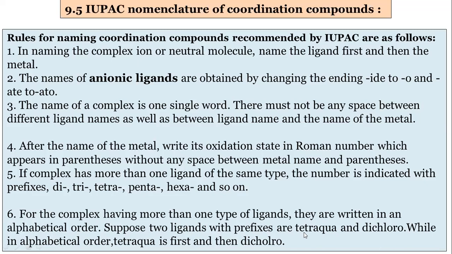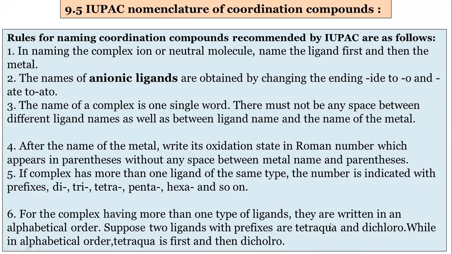One is tetraaqua, and one is dichloro. Aqua means water. Alphabetically, chloro, C, comes second and aqua, A, comes first. So we have to write tetraaqua first, and then dichloro. So don't look at the tetra or di. We have to check the name of the ligand.